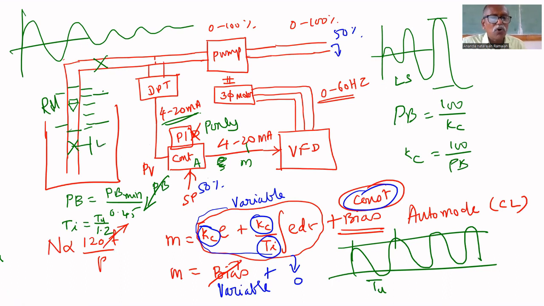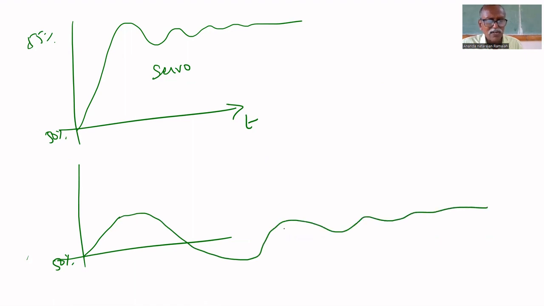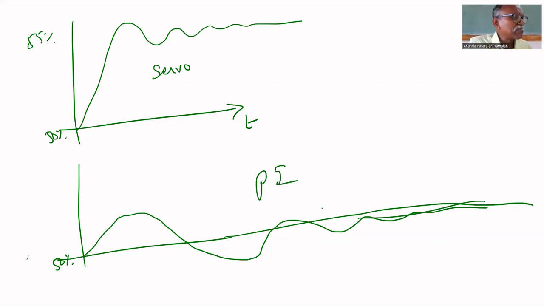So you are introducing the load, the disturbance, here. Suppose you open more, the flow rate will increase from 50%. Then the controller takes the necessary action and controls it again to 50%. Since it is a PI controller, it will settle.